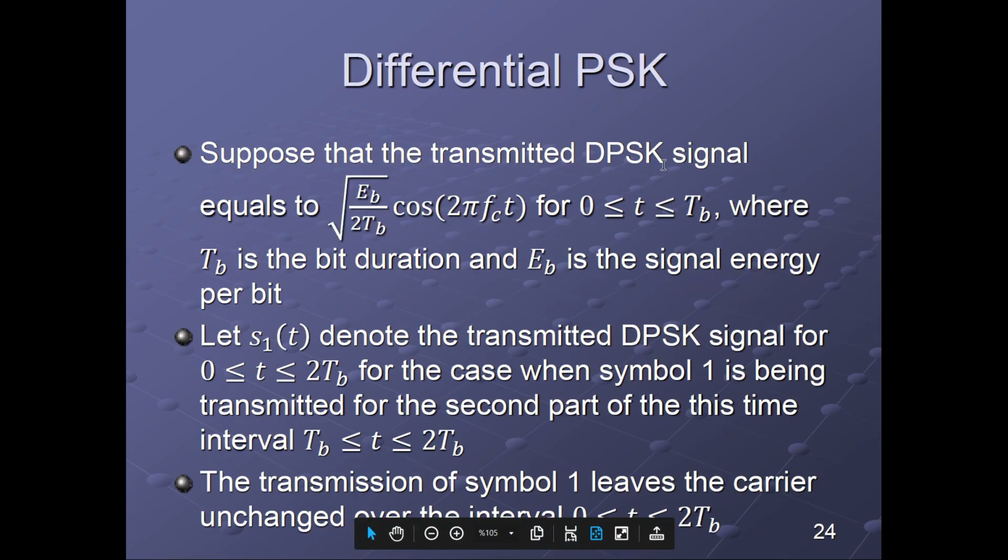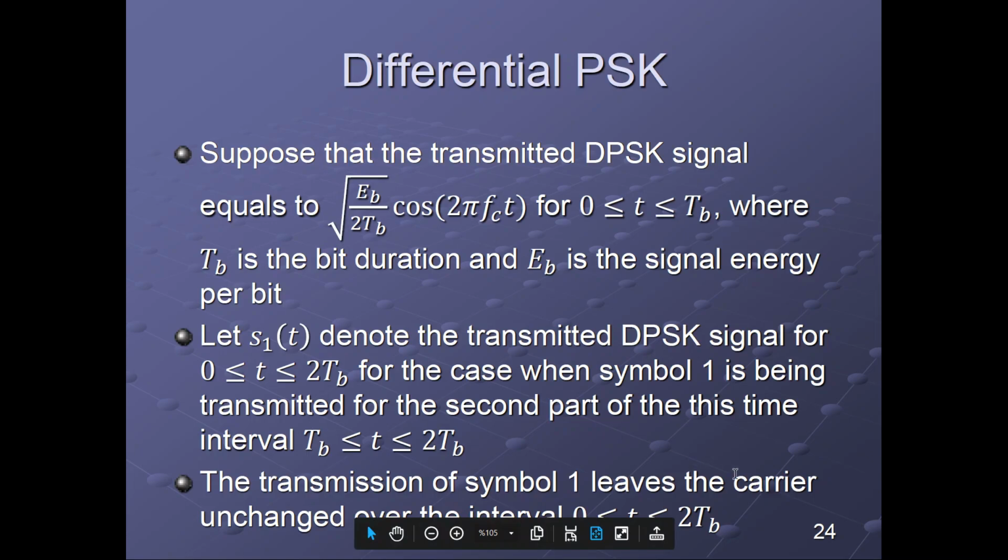Suppose that the transmitted differential phase shift keying signal equals the following formula, which is square root of EB over 2TB cosine 2 pi FCT for the period from 0 to TB, where TB is the bit duration, and EB is the signal energy per bit as usual. Let S1 of T denote the transmitted differential phase shift keying signal for the period of 2TB for the case when symbol 1 is being transmitted, for the second part of this time interval from TB to 2TB.